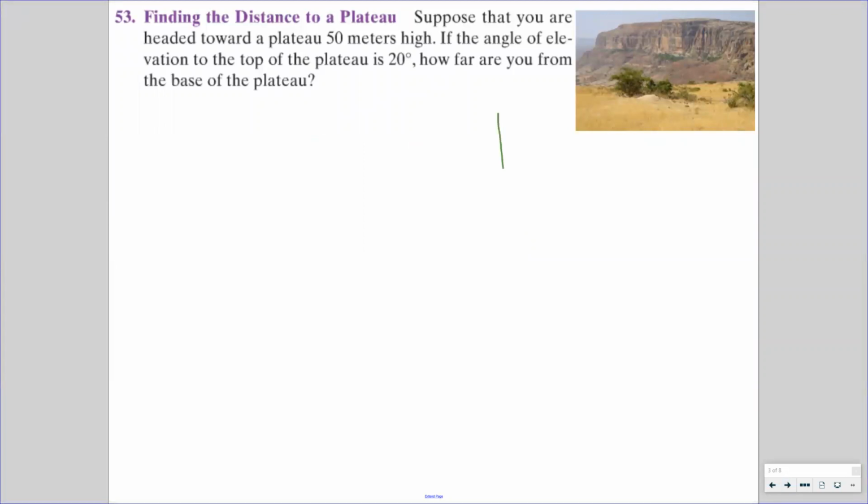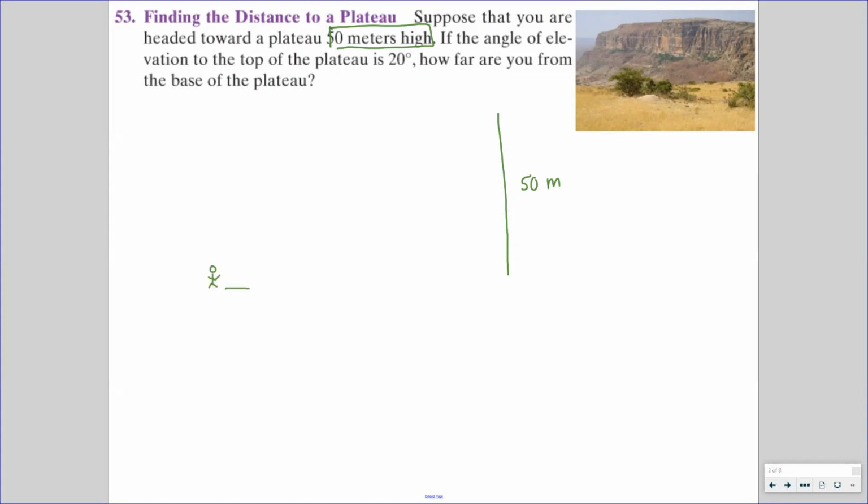So we have some plateau. And we know that the plateau is 50 meters tall. Right, that comes from this piece of information here. And we also are told that the angle of elevation to the top of that plateau is 20 degrees. So we are standing, let's say, over here.